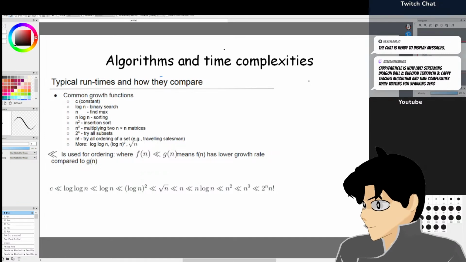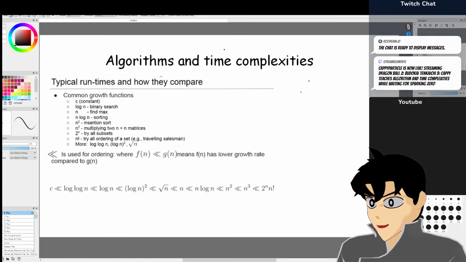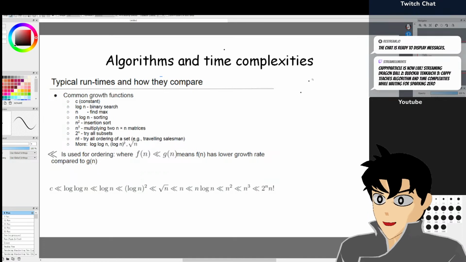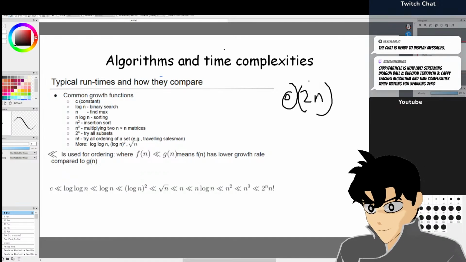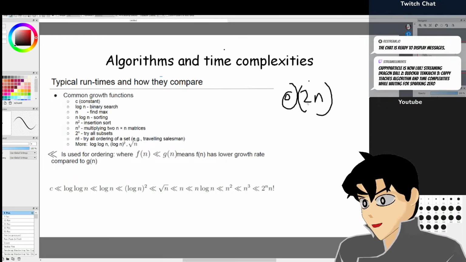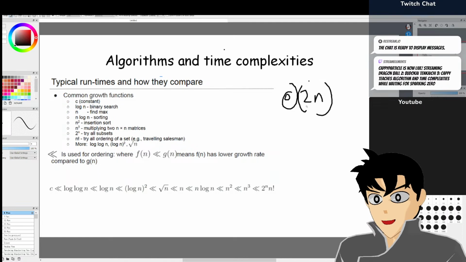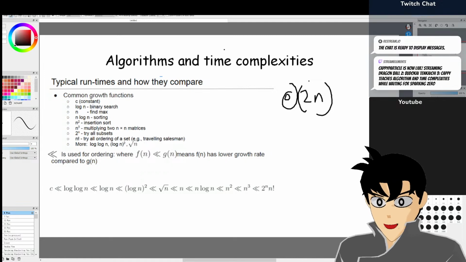Maybe I can't work with this. Who knows why it's taking an extra second. But basically, I guess I'm just using my mouse now. Okay, let's say it's 2n. O of 2n. The idea of O of 2n is that 2 would be the constant. It does not change. That's really it. It's effectively like a modifier for it.